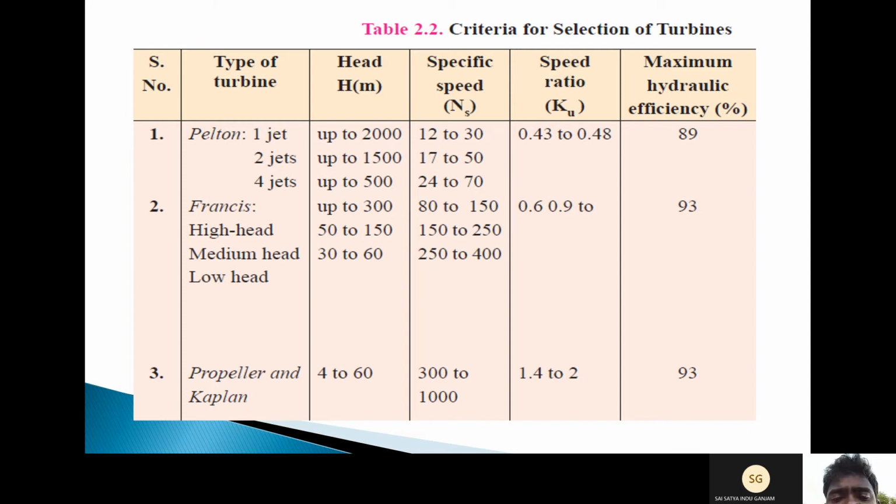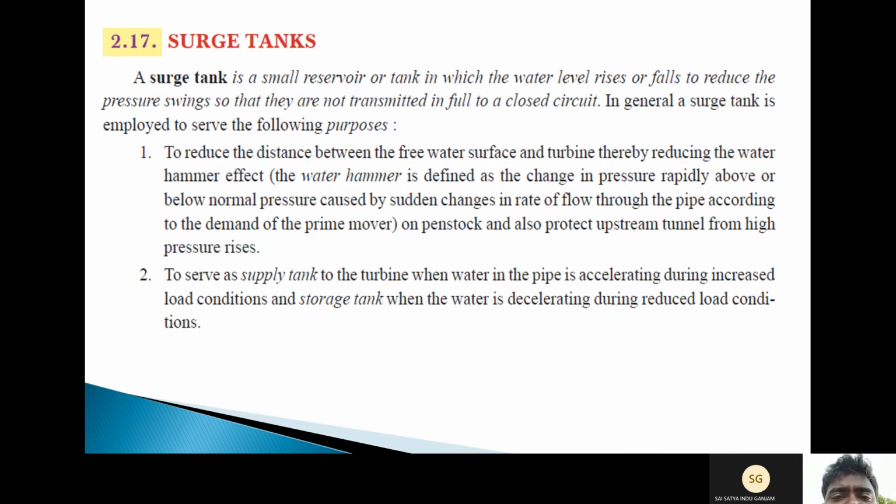Next, the surge tank. It is a small component. A surge tank is a small reservoir or tank in which the water level rises or falls to reduce the pressure surges, so that they are not transmitted in full to the closed circuit.